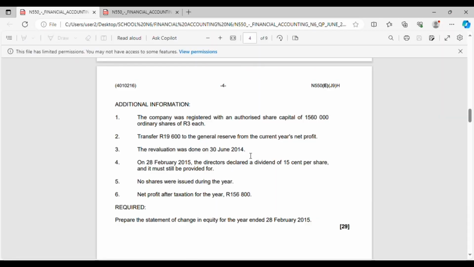so let's deal with the additional information number 3. They're telling us that the revaluation was done on 30 June 2014. Okay, so this additional information doesn't concern any of the statement of changes in equity.